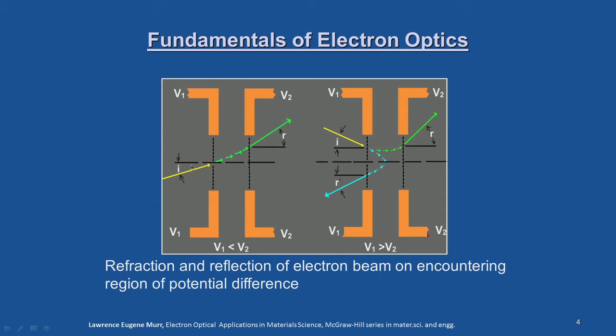Here i is the angle of incidence and r is the angle of refraction. On the other hand, in the second diagram, the electron beam encounters the two electrostatic lenses where the potential is reversed, where V1 is greater than V2. Then the electron beam undergoes a reflection like this, and you also have refraction taking place in this manner. We will see under what condition these two are happening.